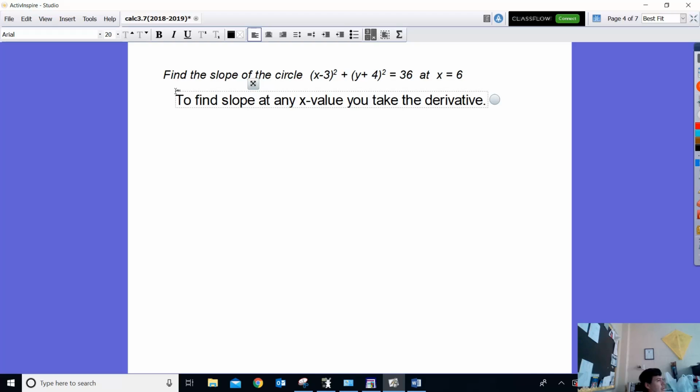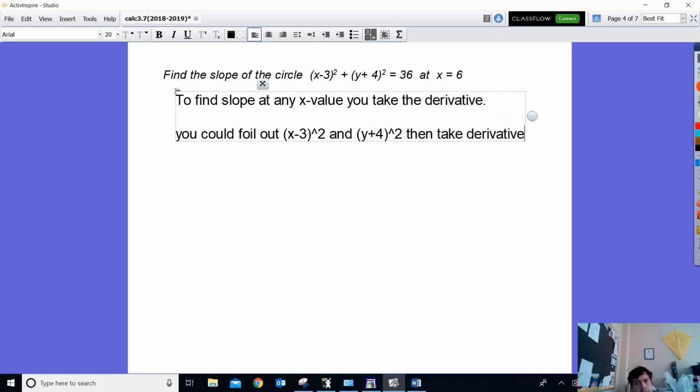Now there are two ways you could approach this. You could FOIL out x minus 3 squared and y plus 4 squared, then take the derivative. Or you could apply a rule that you learned in 3-6. What's the big deal about 3-6?